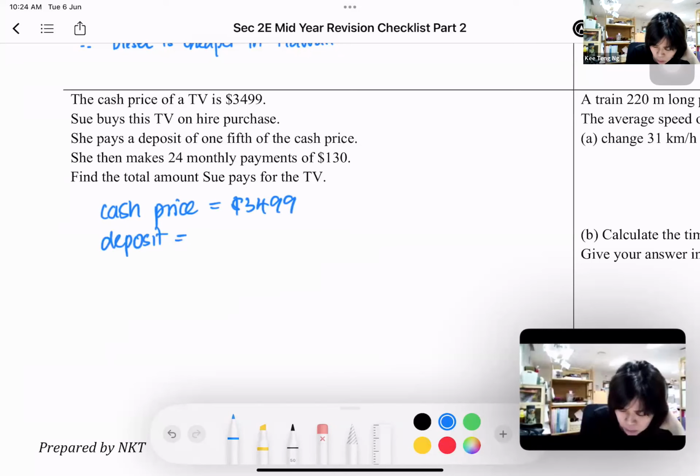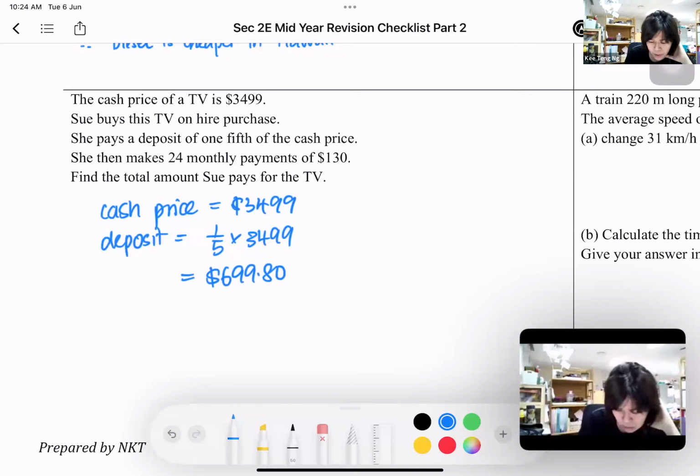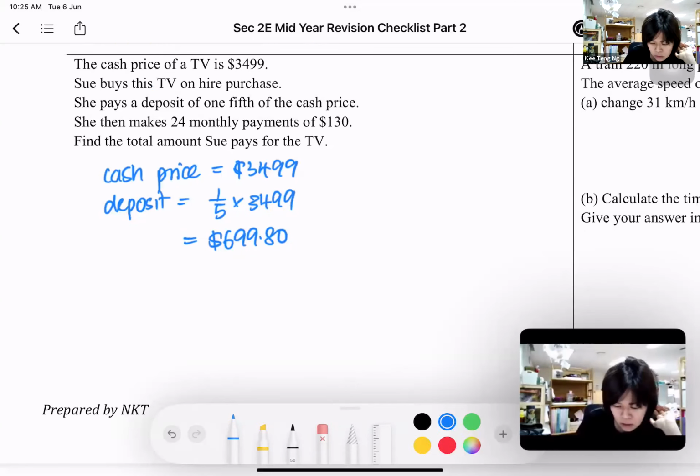The deposit will be 1/5 of 3,499, and that gives you how much money is this? Is it correct? Right, the deposit. Then she made 24 monthly payments. This one is easy, it's the total installment. They didn't ask you to count interest.